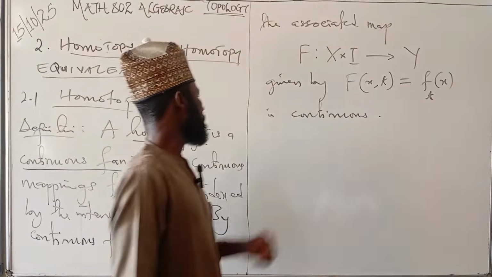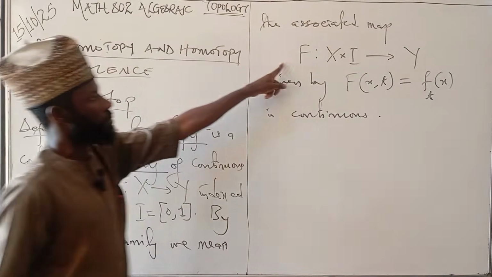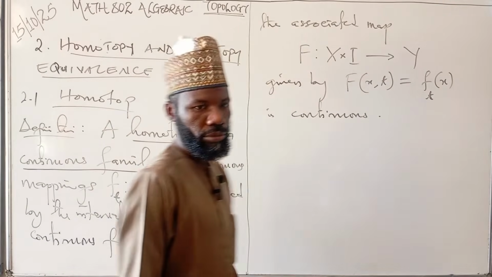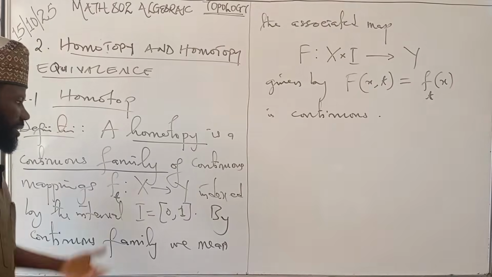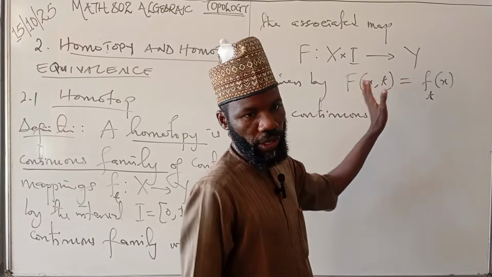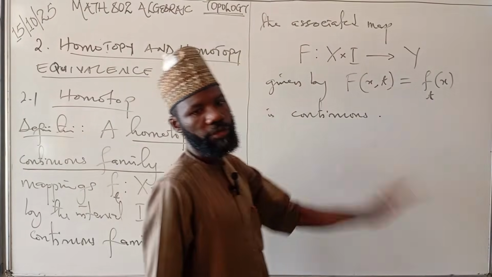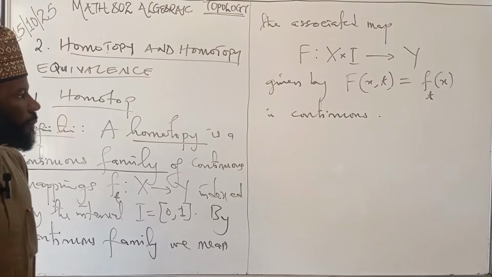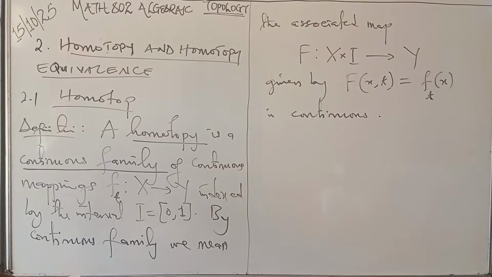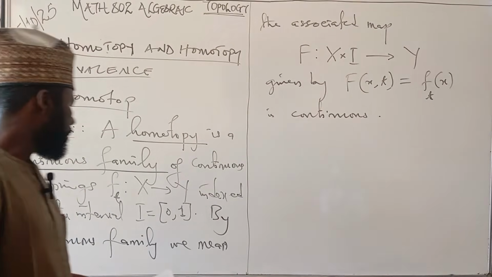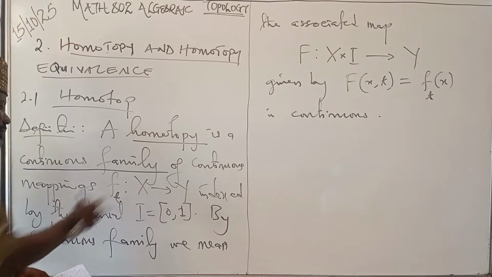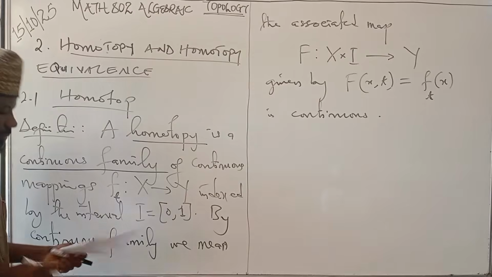So by continuous family, we mean this mapping is continuous. I hope it's okay. It's okay, Paul? So you can think of it that it is continuous in both variables, in the first and the second variable. So this is what we mean by continuous family of mappings. Any such family of maps from X to Y is called a homotopy.